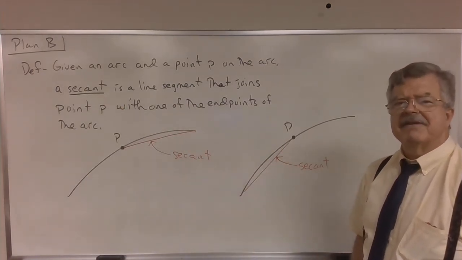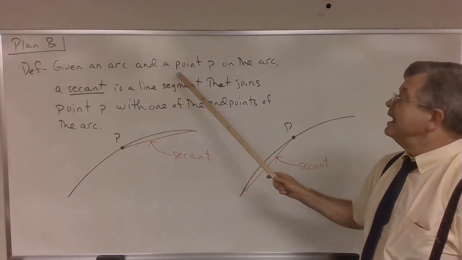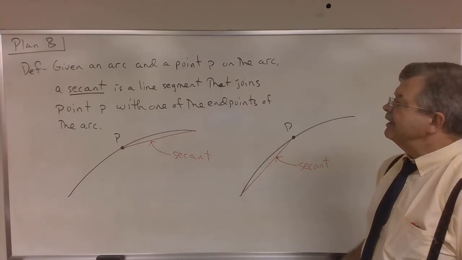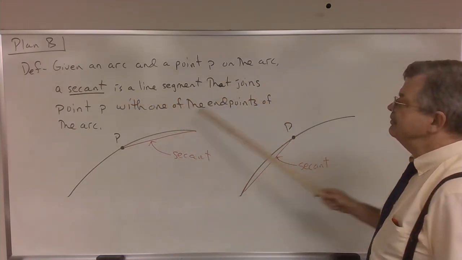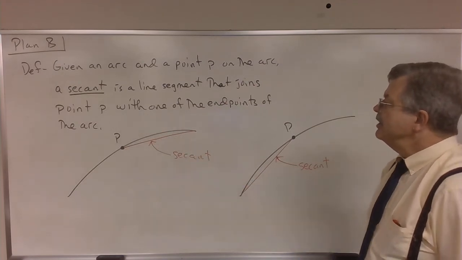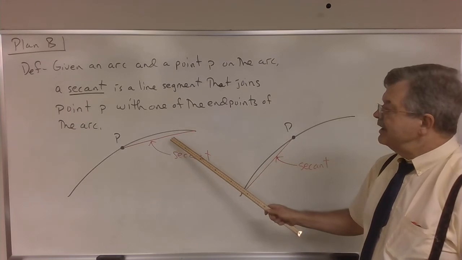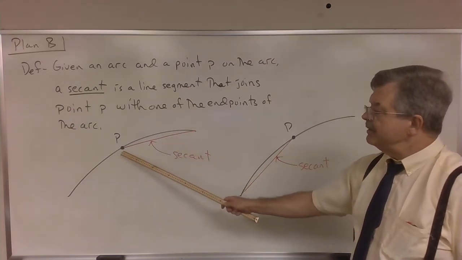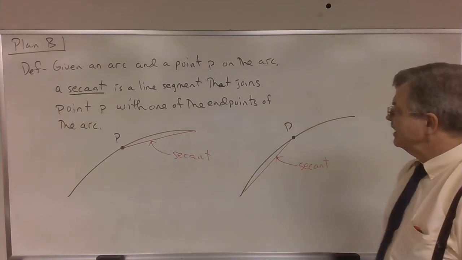So here's my definition. Given an arc, or a curve, and a point P on the arc, a secant is a line segment that joins point P with one of the endpoints of the arc. So here's a secant. It joins point P with one of the endpoints of the arc.